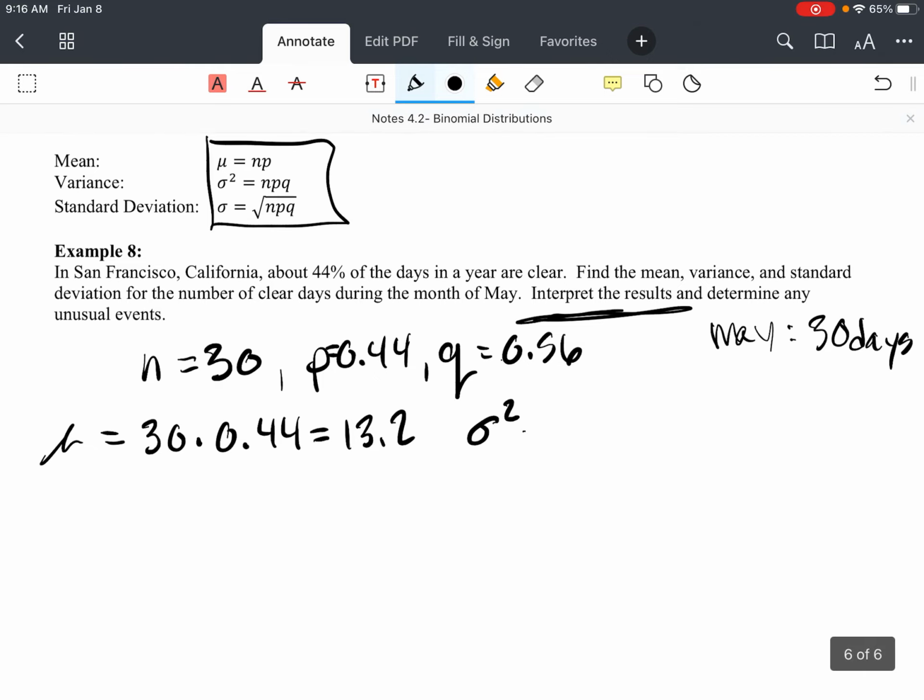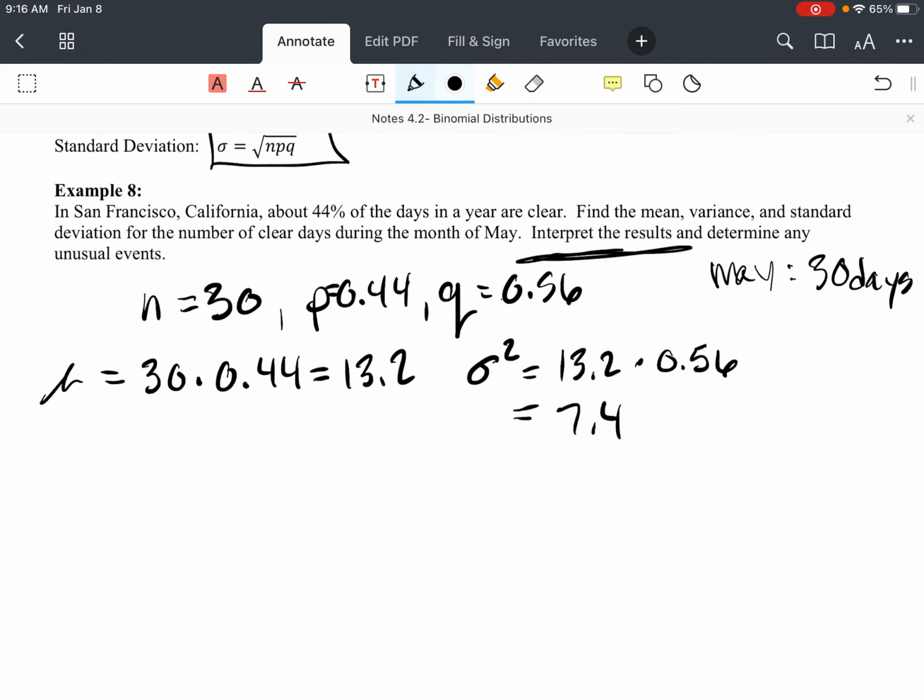The variance, sigma squared, will be that number, 13.2, and we now multiply by the probability of failure as well. This would give us 7.4.